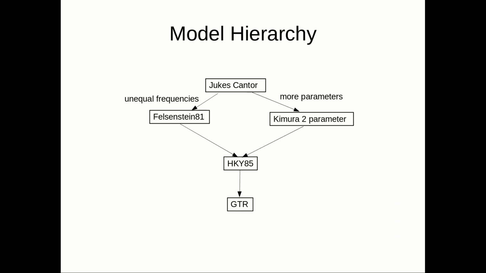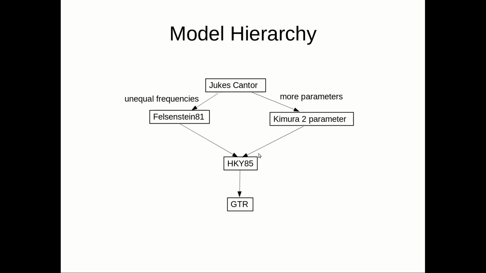Okay, here is again an overview of the model hierarchy. The most simple model is Jukes-Cantor. Then we added unequal frequencies, or a second parameter. And coming from the other side, we added unequal frequencies or more parameters, and this made the HKY85 model.